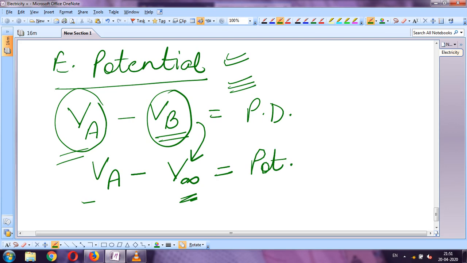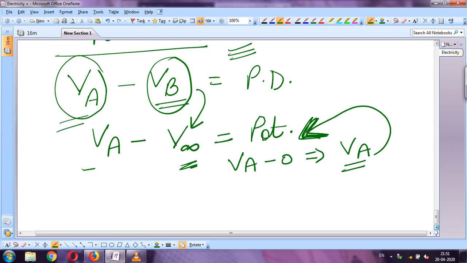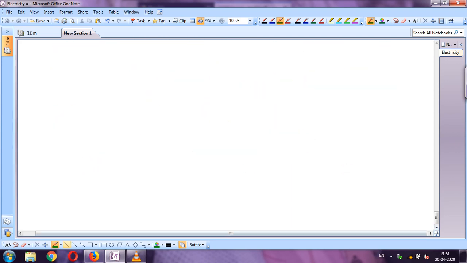Now you will say, sir, why have you taken infinity? Because we consider that at infinity potential remains 0. If potential is 0 there, then we can write VA minus 0, which gives us VA. VA means potential at a single point, which is called potential only, right?